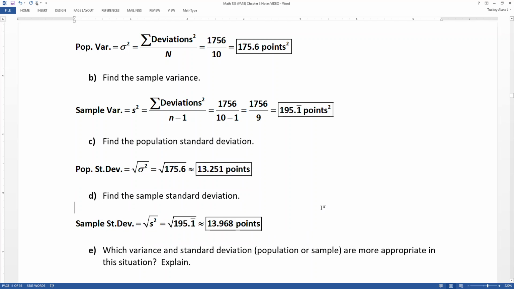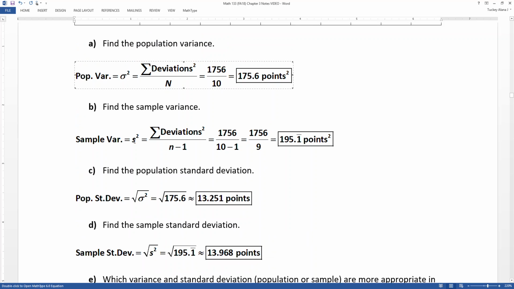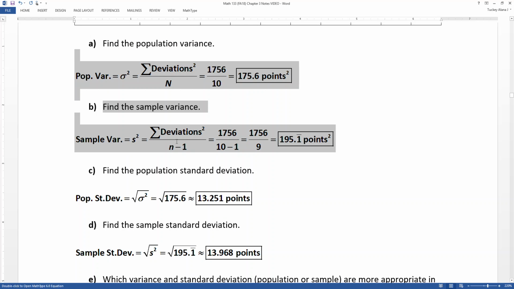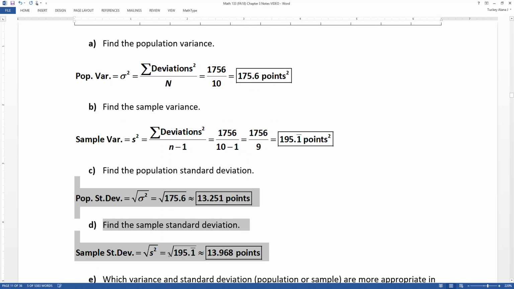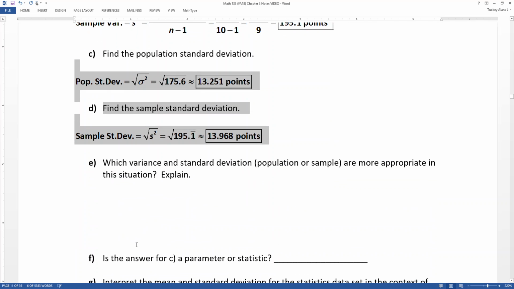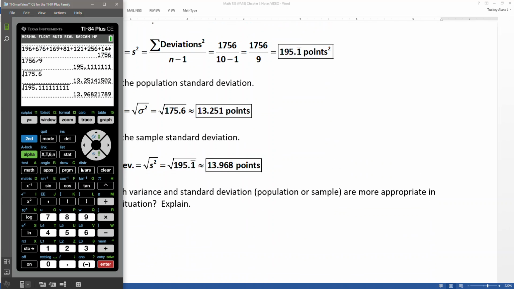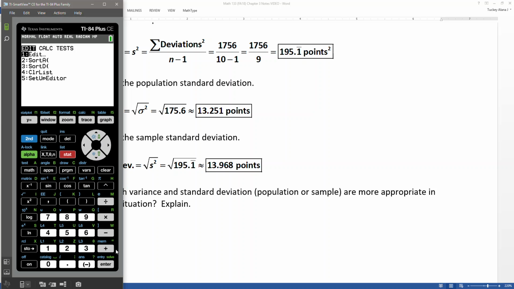But let me show you one other thing. The variance values are not found with the calculator, but these two standard deviation values can be found with the calculator. Let me show you that real quick. If you recall, I have the data set sitting right here in L1. So when I go to Stat, Calculate, one variable, and I go down to Calculate, you can see Sx.